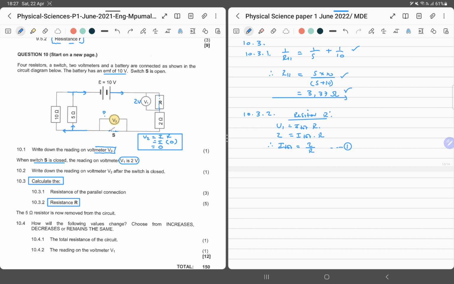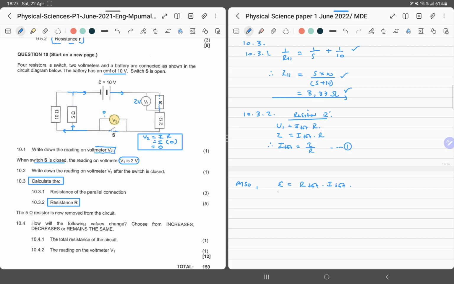Well, we also know that the EMF is going to be the total resistance times I tot.